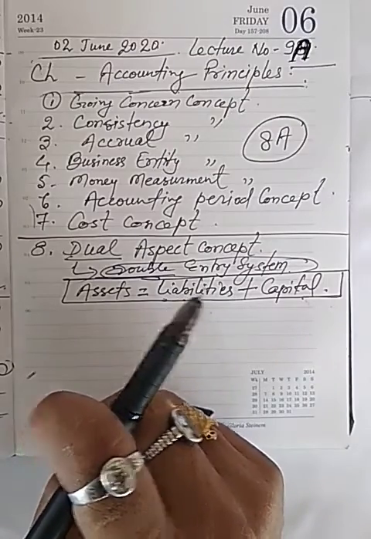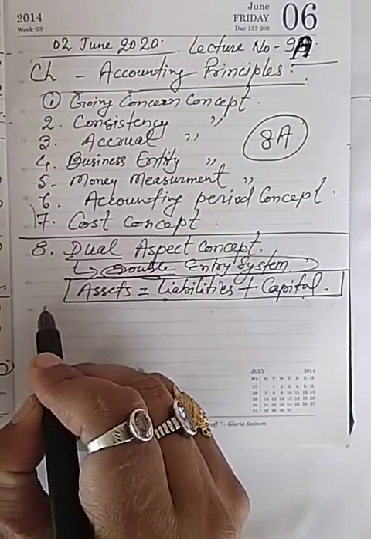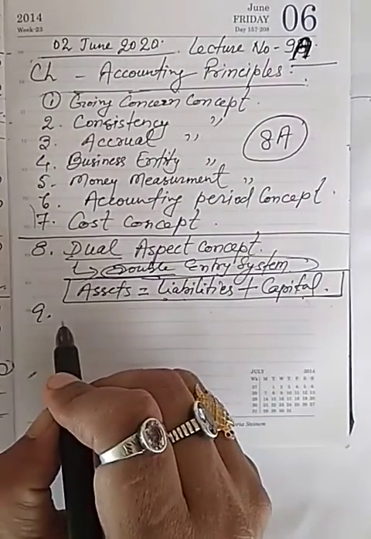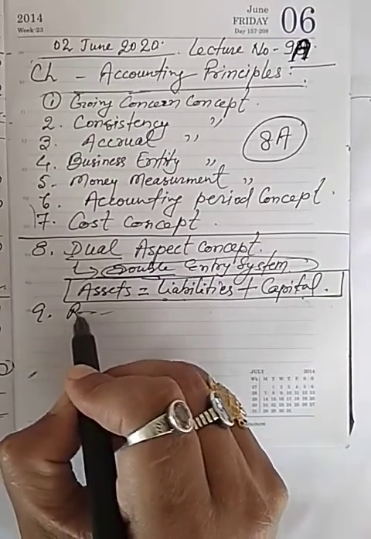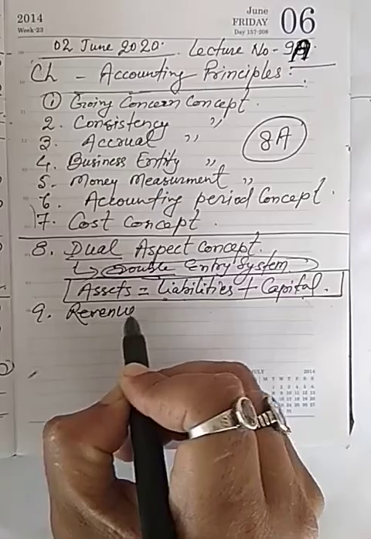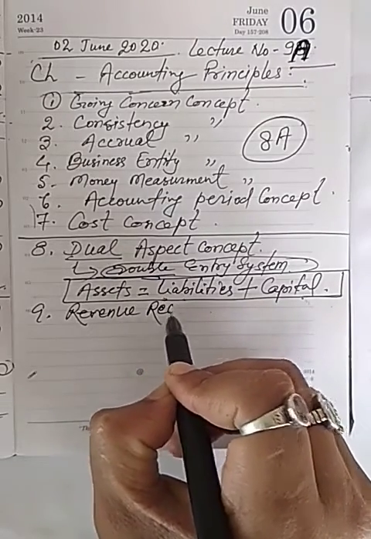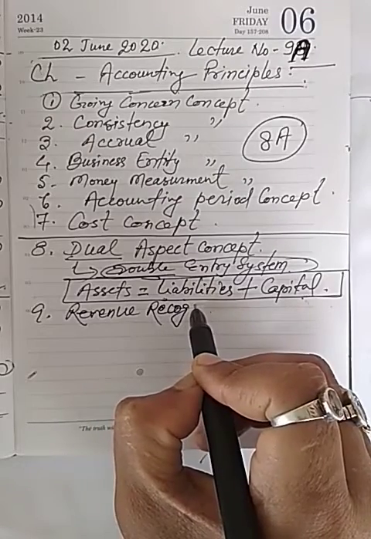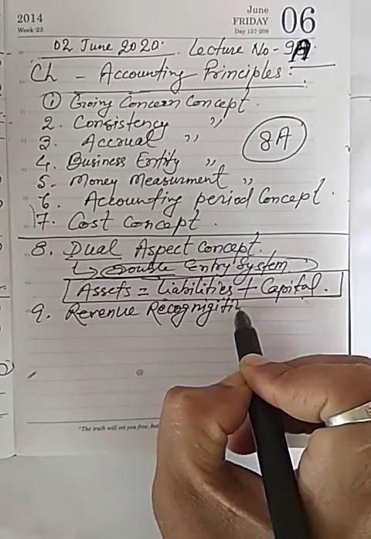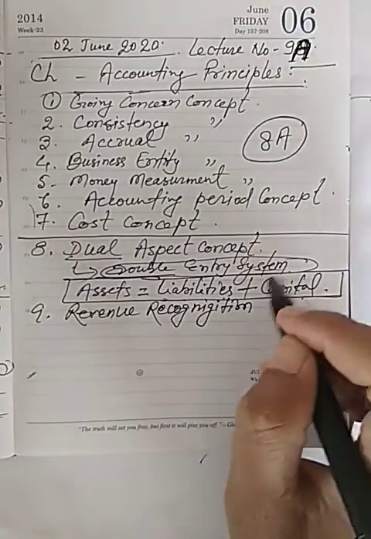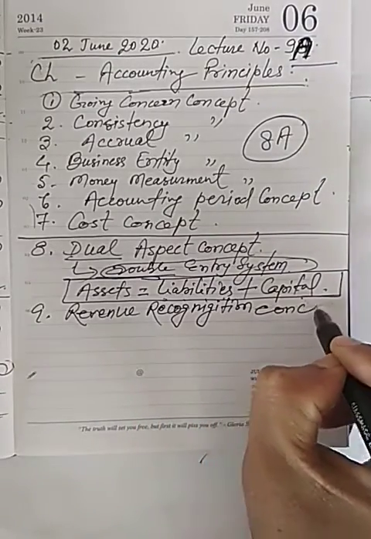So this is called the dual aspect concept. Point 9: revenue recognition concept.